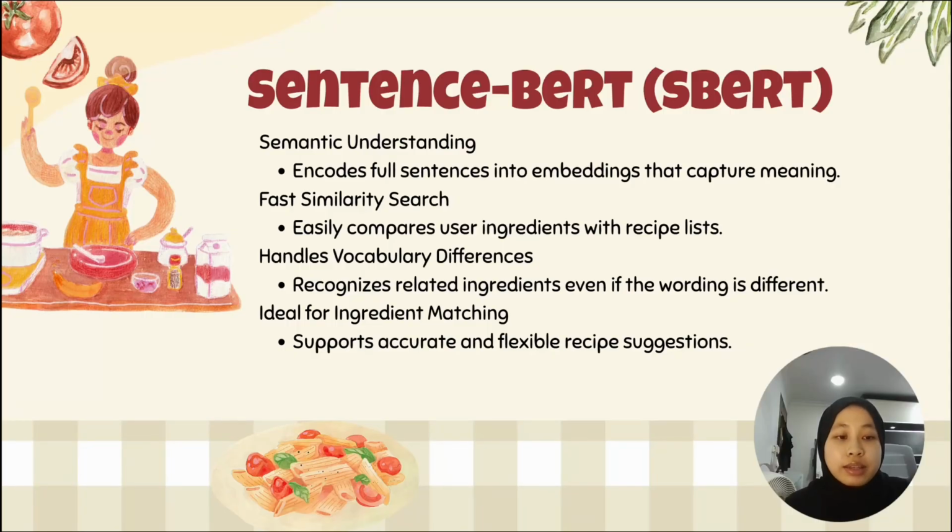It also handles vocabulary differences, understanding that ripe bananas is related to banana bread even if the exact words differ. This makes SBERT ideal for ingredient-recipe matching and helps generate more accurate and practical recipe recommendations.